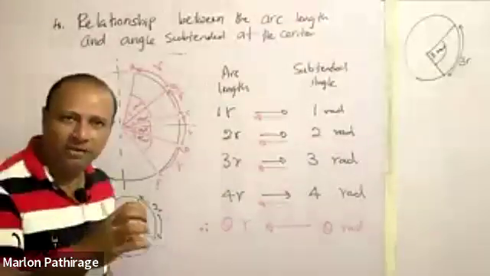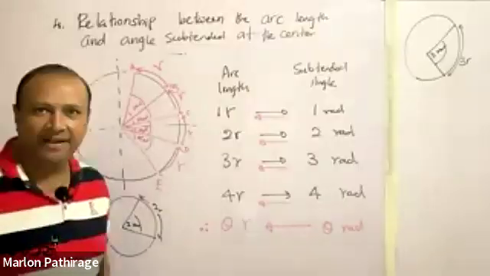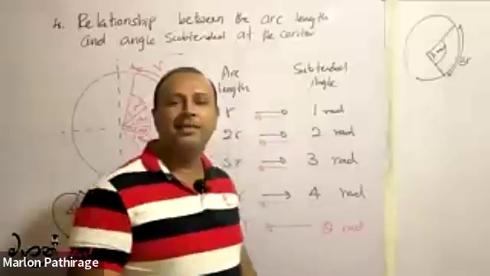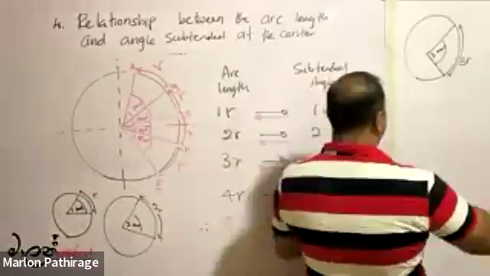Therefore, if you take theta radian angle, the arc length should be theta r.